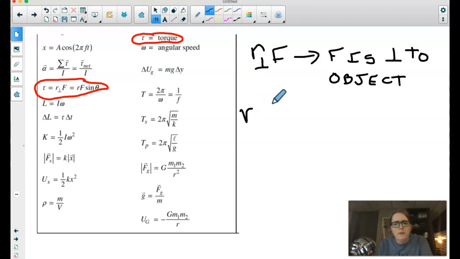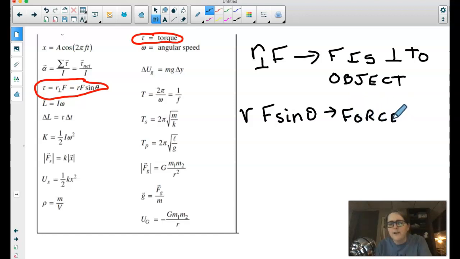Now, when you use this other version, where you have that sine theta, you're going to use this to find torque when the force is at an angle, where that theta is whatever that angle is.